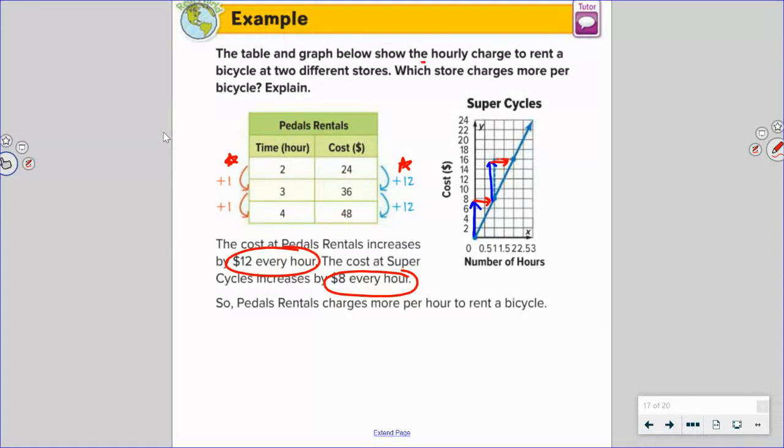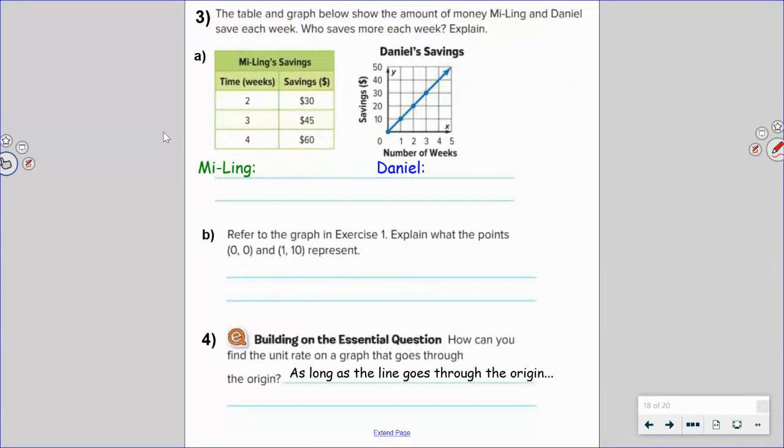Now, what we're asked to do is to find which store charges more per bicycle hour. And so, as you can see, Pedals Rentals charges more. Why? Because we're talking about $12 per hour compared with $8 per hour. So that's how you can compare two constant rates of change, even if they're represented differently, if one's a graph and the other's a table.